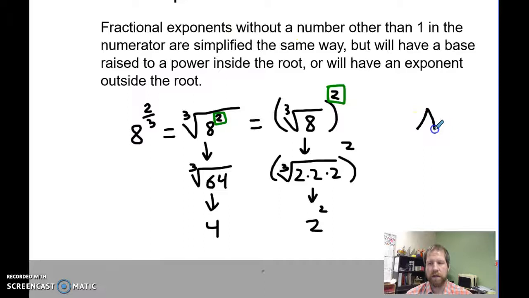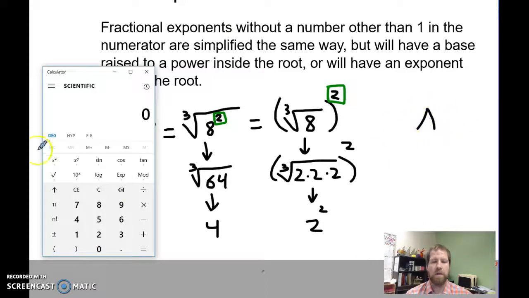If you're using a graphing calculator, that's what it'll look like. If I have 64 and then I raise that, you're going to need to use parentheses to make sure your calculator does things in the right order.